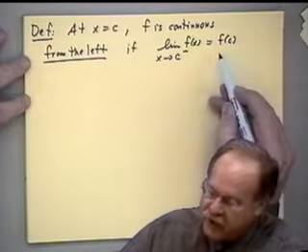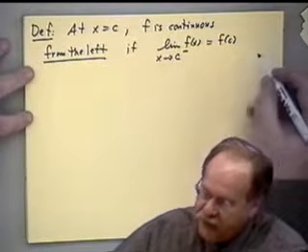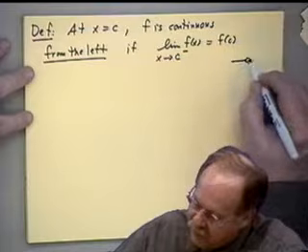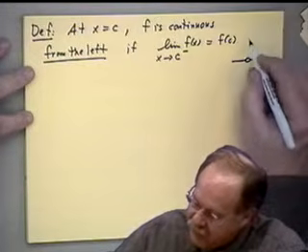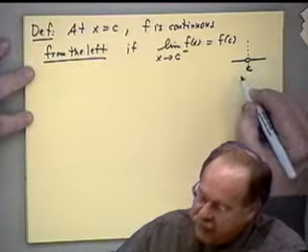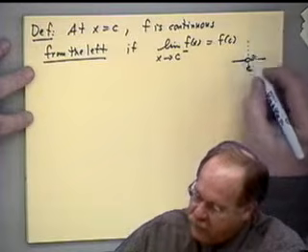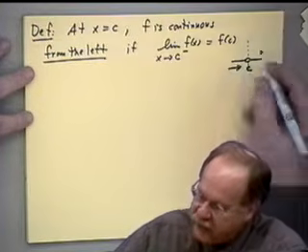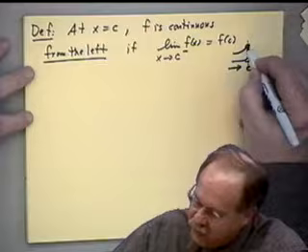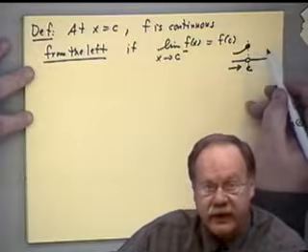If you want a picture of that, if this is your c point, then you come from the left towards c, and the function will be defined like that, and not defined on the right necessarily.